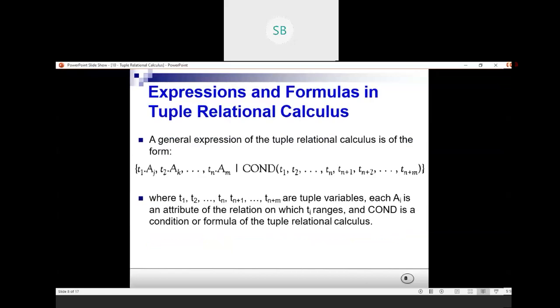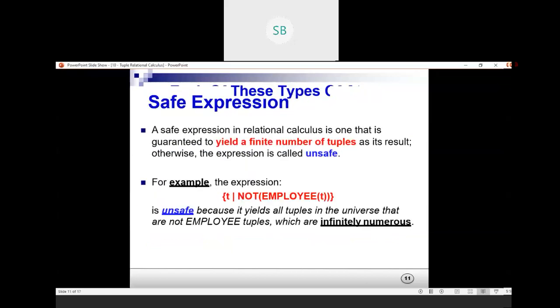But in this case, when we add a not to the employee, what happens is that in a database there can be any number of tables, and in those tables there will be various tuples.